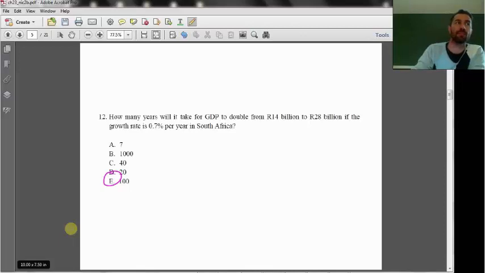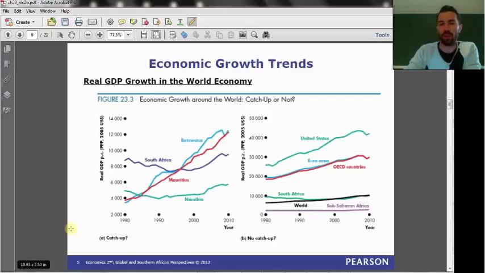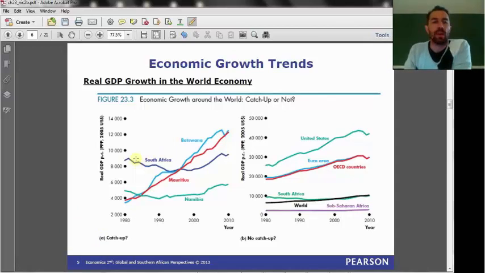Okay? So your textbook gives you some examples of growth in South Africa over periods of time versus growth in other countries. So the first diagram, we have South Africa from the early 80s to around 2010. You see, from the 80s to the mid-90s, growth looking pretty anemic.